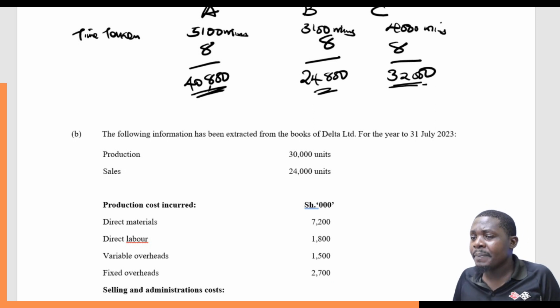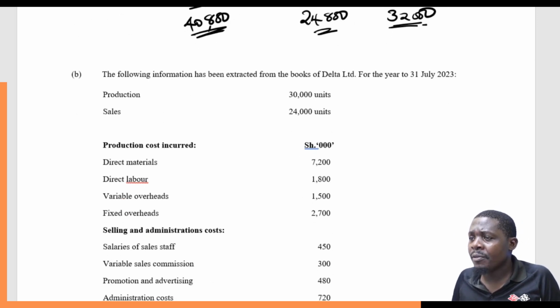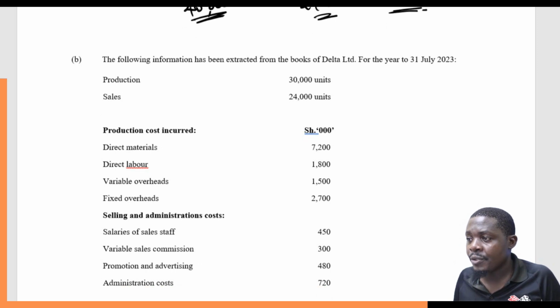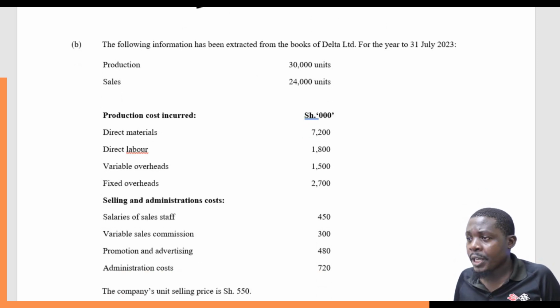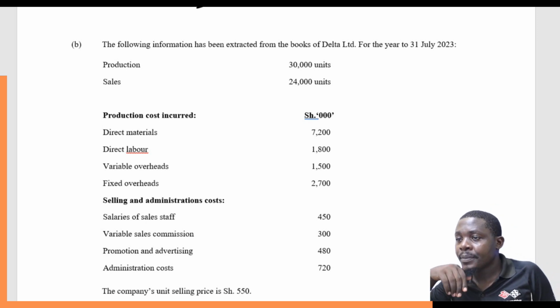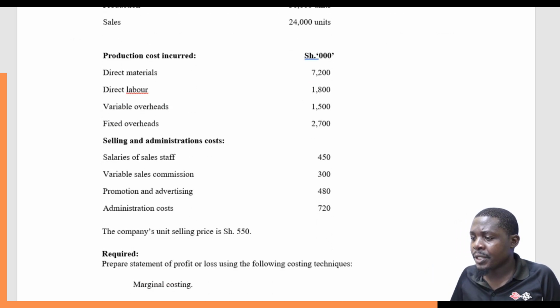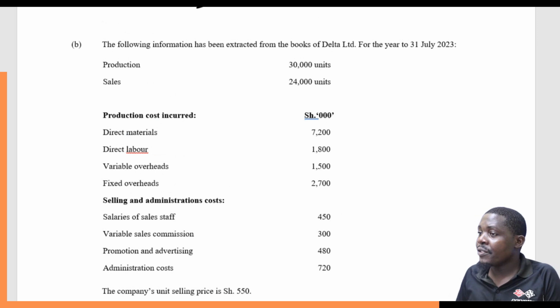Question number B. The following information has been extracted from the books of Delta Limited for the year ended 31st December 2023. We have the production, opening inventory, 1,000 units, sales, 24,000 units. At that point, it is just prudent for us to determine the closing inventory.